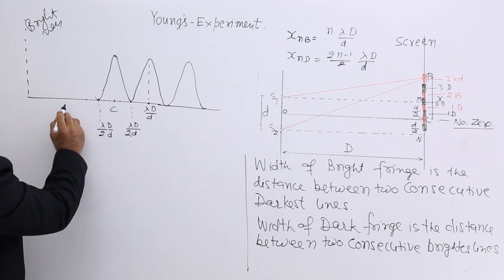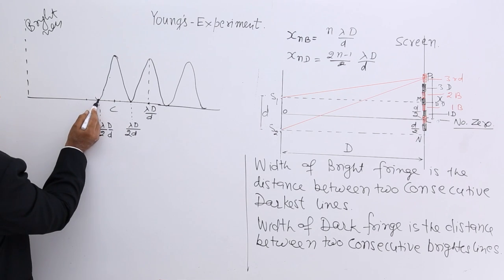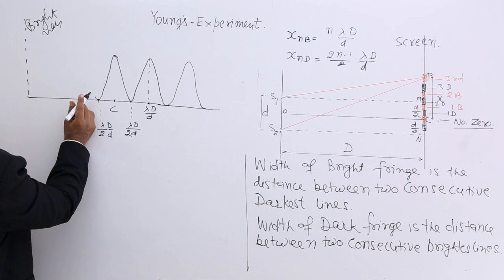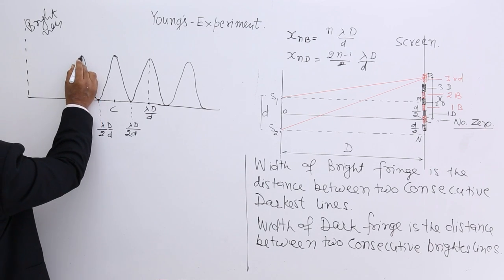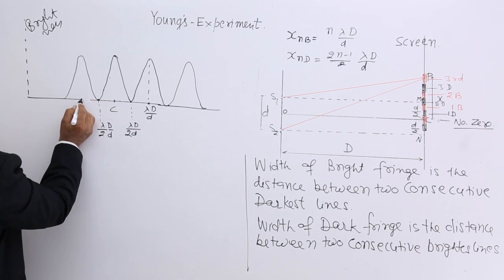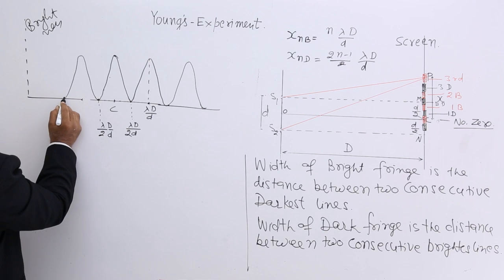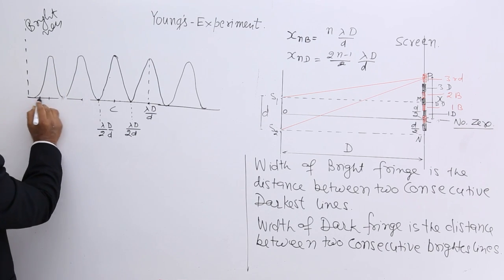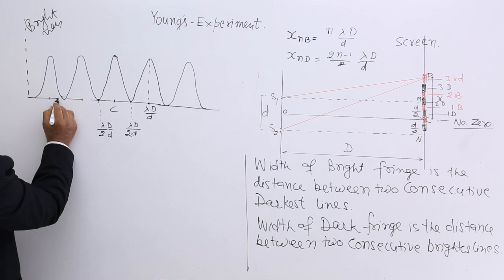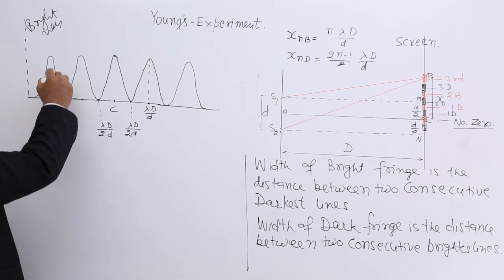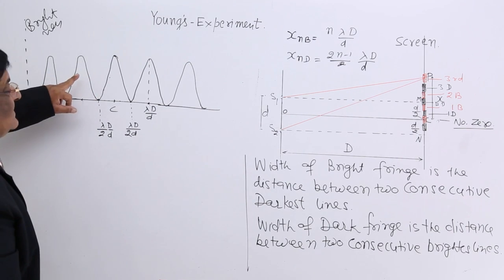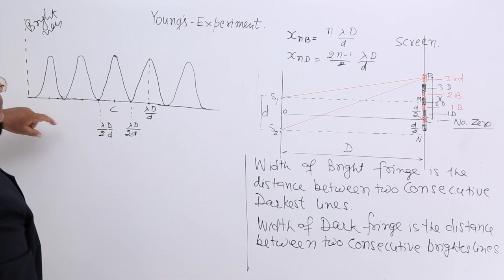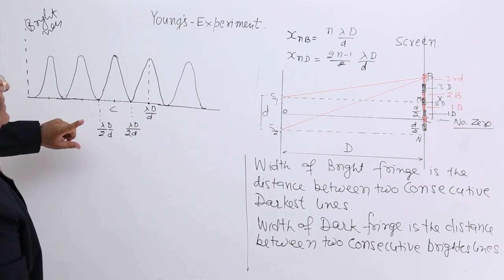Similarly, on this side, half lambda, then 1 lambda. At 1 lambda, it is maximum. Again at half lambda, it is minimum, again maximum, again minimum. So, this is our brightness versus distance from the central point.